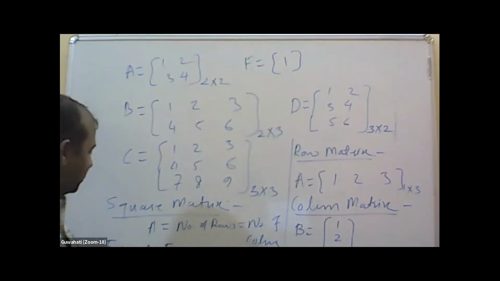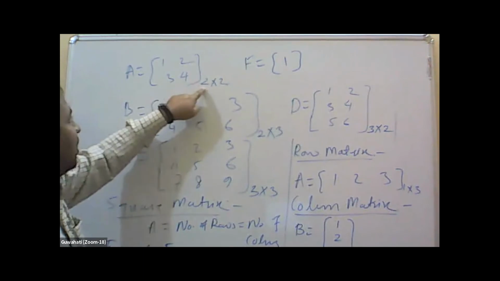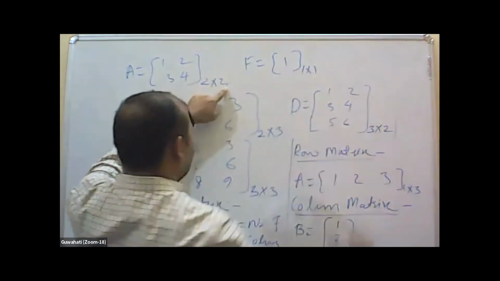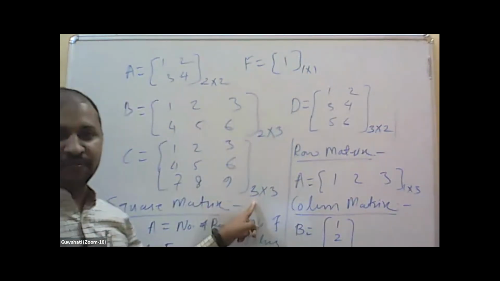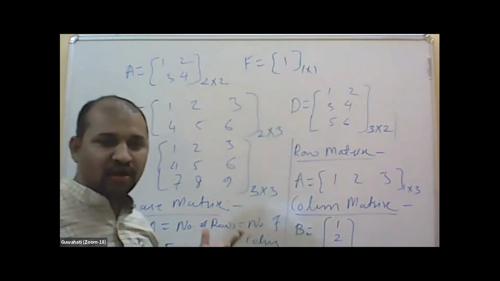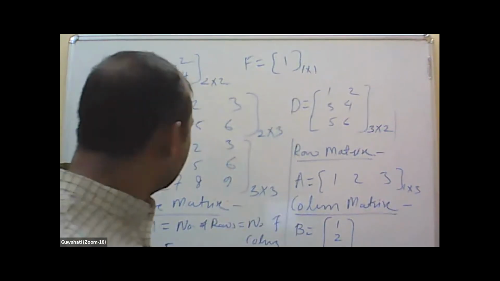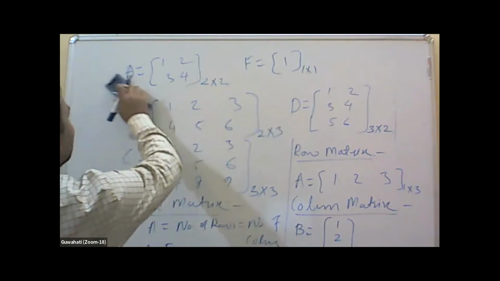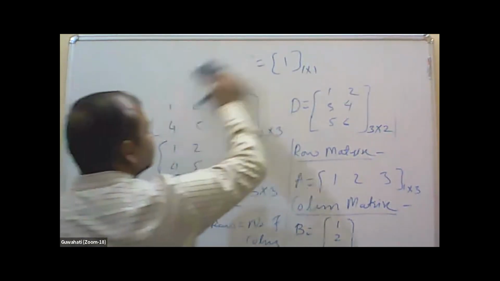Because here the rows and columns are the same, here also the same. So if the matrix is like this, then you can call it a square matrix.